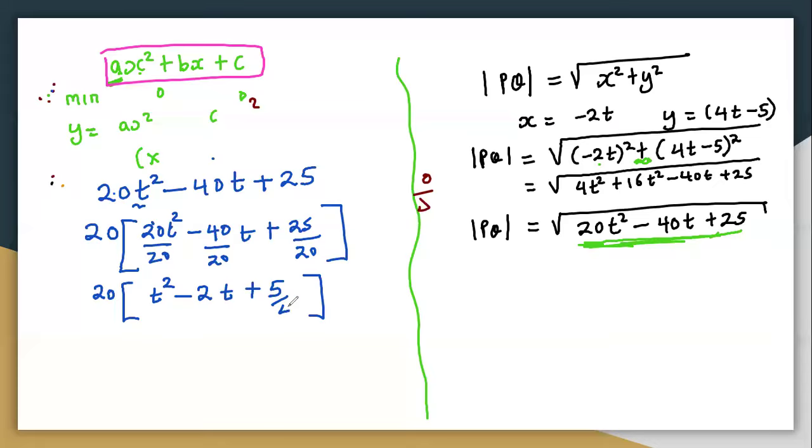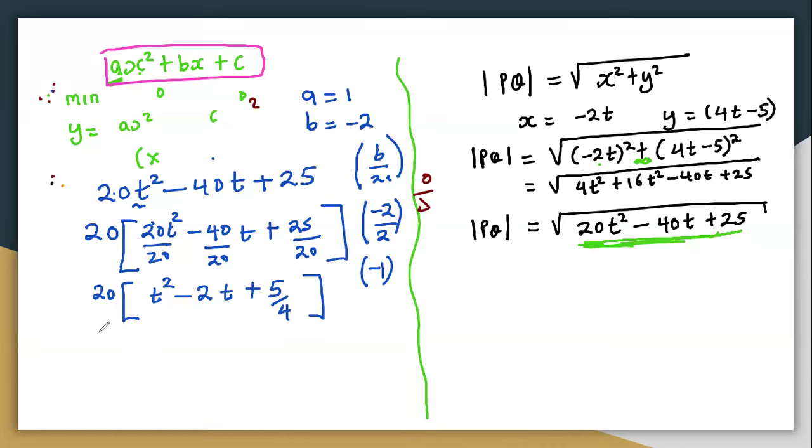Now, after putting 5 out of 4 members, remember we said you identify what is your A. My A is 1. What is B? My B is -2. So what do we need? We need to get B out of 2A. So when you look very well, you notice this is going to be -2 out of 2 because A is 1. So I remain with -1.